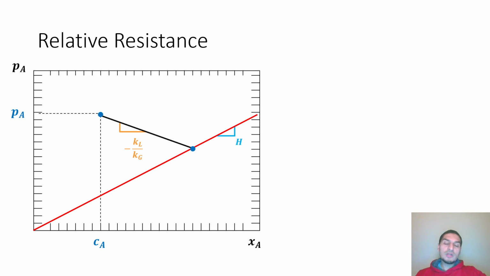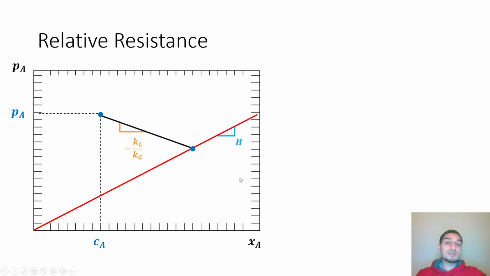Now, one other thing that is very good to know and to see visually using the graphical representation, and this is again one of the advantages of having this graphical representation, is to see this relative resistance. So we will see here two extreme cases. Here we have the general case where we have comparable values of kg and kl, so we have this line going this way.